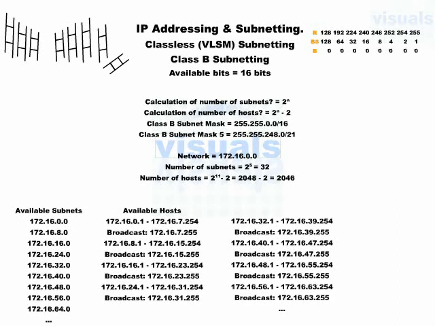Example number 5. This time I'm going to apply 5 bits for subnetworks. By applying 5 bits we are getting 32 valid subnetworks and the remaining 11 bits for hosts, providing us 2046 valid hosts for each subnet. Now for 5 bits we are getting a block size of 8.